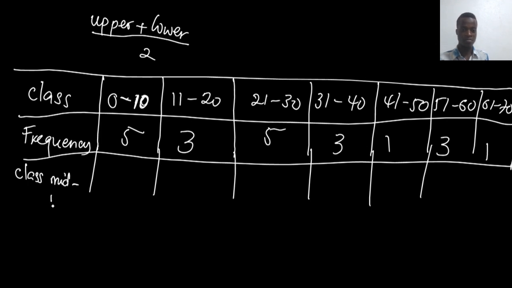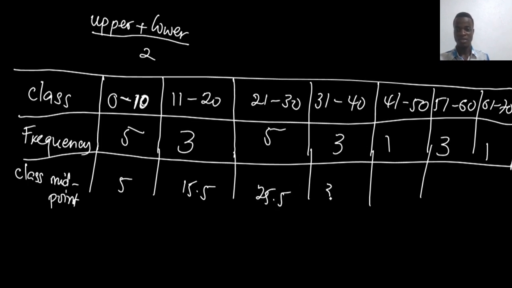Here, 10 plus 0 over 2, that's 5. 20 plus 11 is 31 over 2, that's 15.5. 20 plus 21 is 51 over 2, that's 25.5.